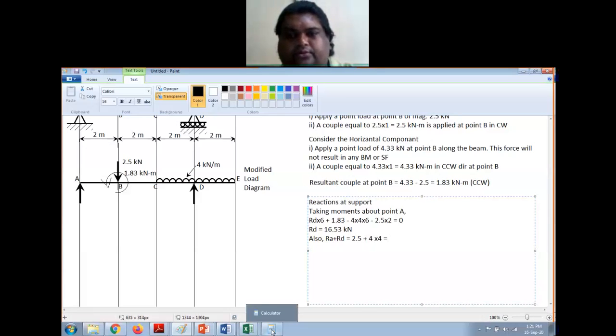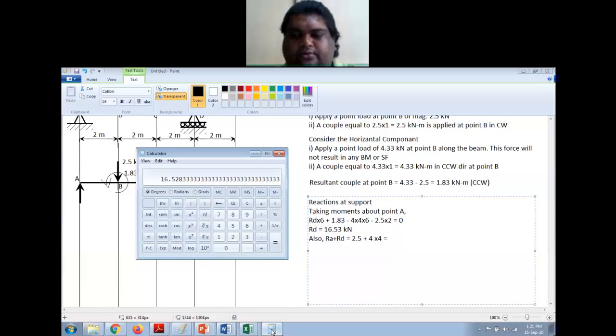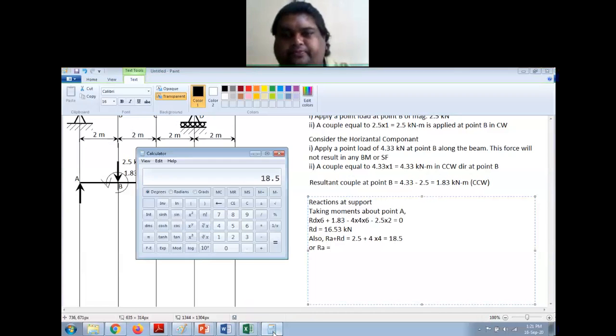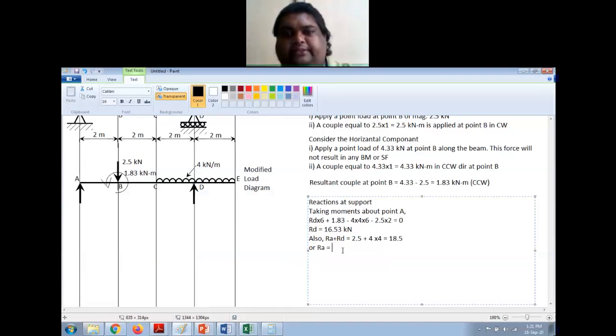So 2.5 plus 16 is 18.5, or RA is 18.5 minus 16.53 is 1.97 kilonewton, right?